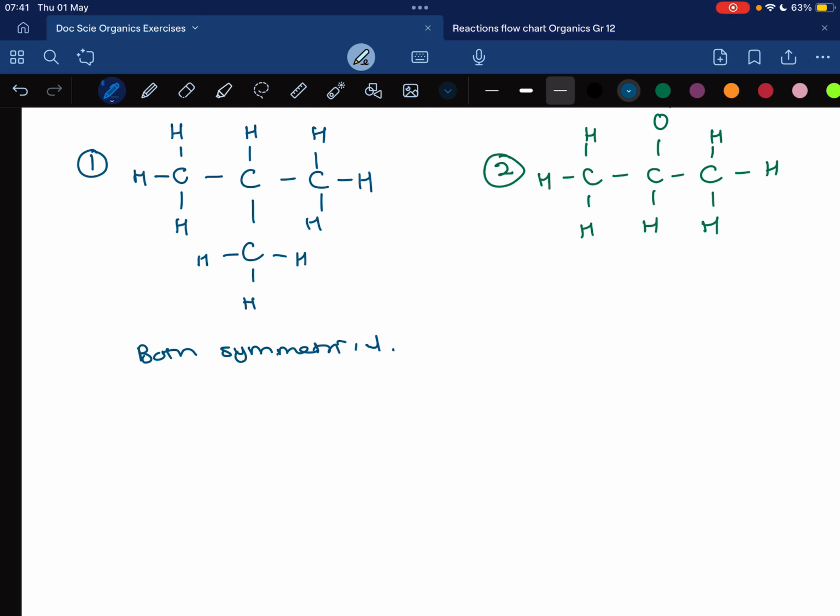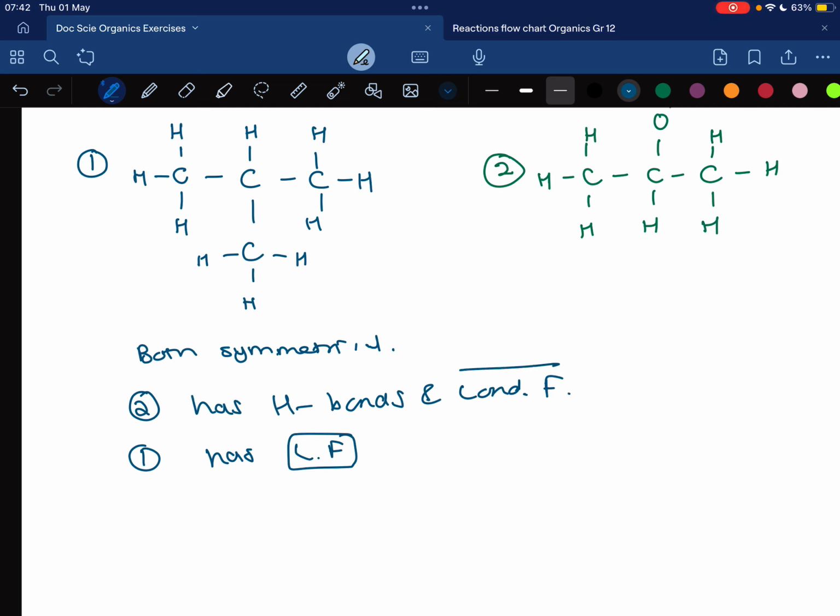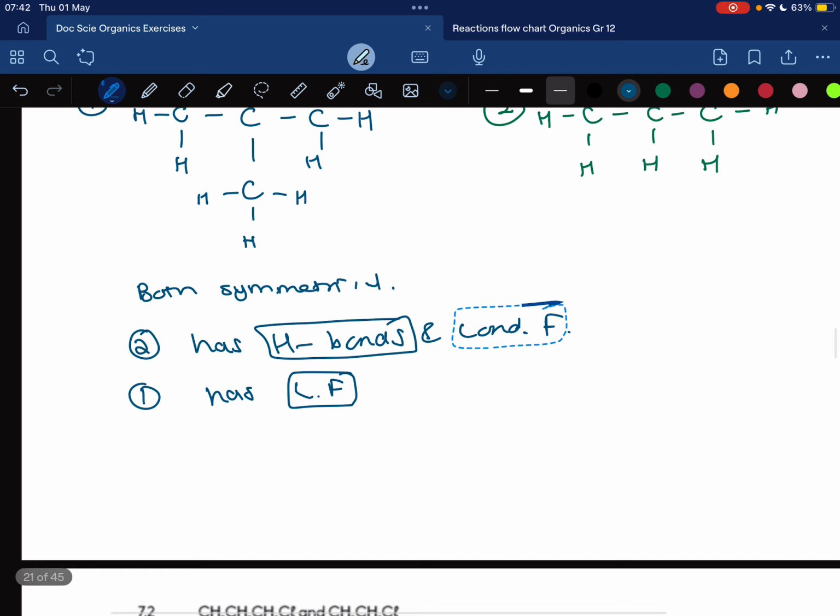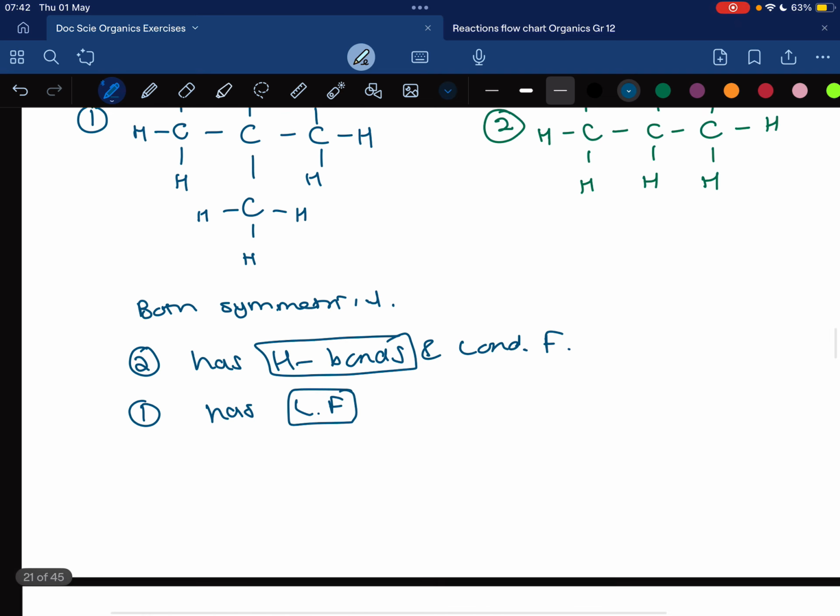But we do know that the alcohol, I'm going to put number 2, has hydrogen bonds and London forces, whereas in the case of the first one we can just see that it only has London forces. So obviously then we know that more energy is needed to overcome the forces in number 2 than is needed to overcome the forces in number 1.